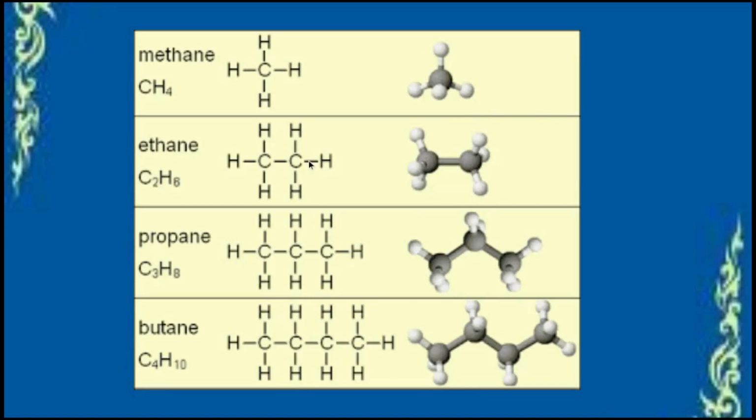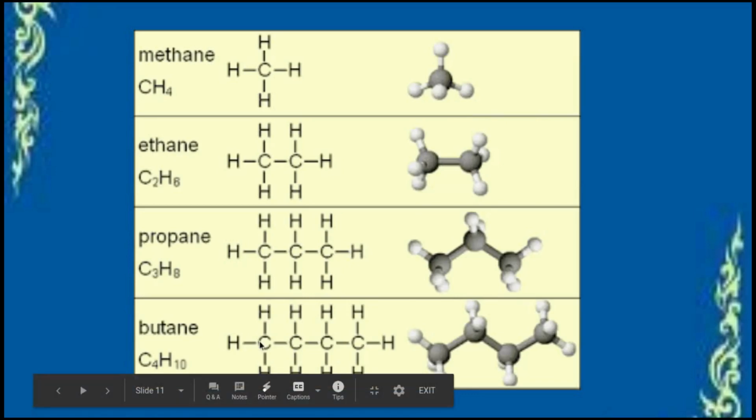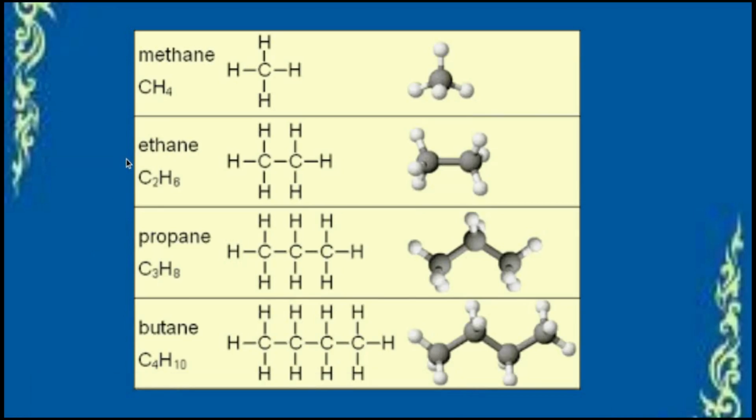And so we're starting to make a chain. And you can see adding an additional carbon on is going to allow us to make bigger and bigger chains of carbons. And so all of these are probably familiar: ethane, propane, butane, different fuels that you can burn in different forms.